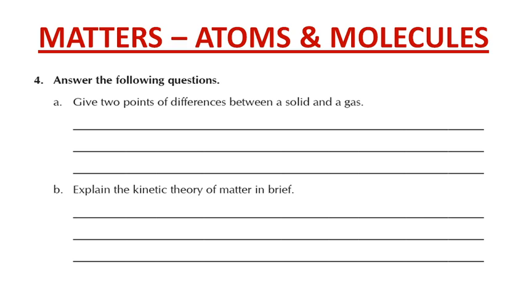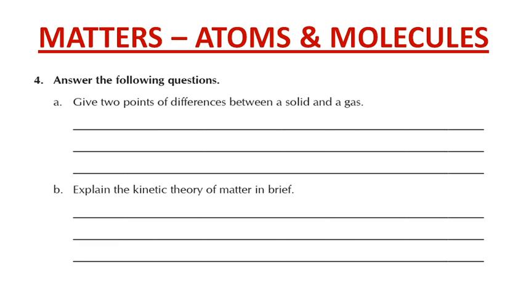Answer the following questions. Give 2 points of difference between a solid and gas. We clearly said here, we will be telling in 2 things. One is the shape. Another one we will say with respect to intermolecular space.